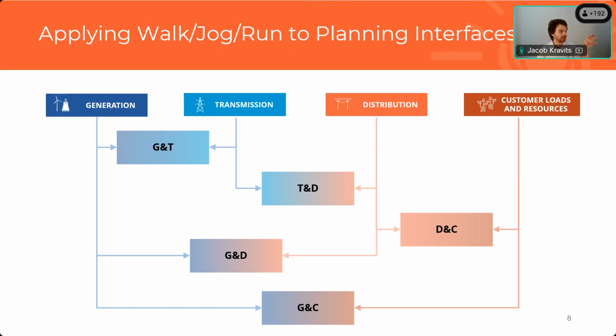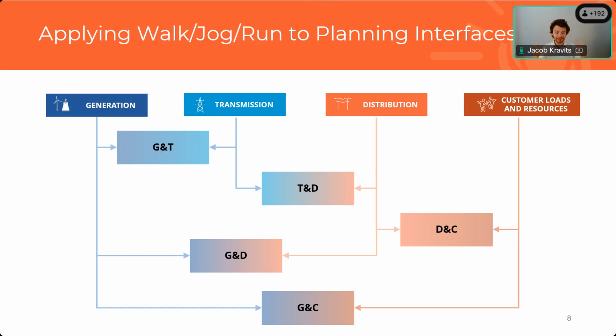So we included the 5 of the main planning interfaces among the 4 planning areas. Those 5 planning interfaces include generation and transmission planning, or G&T, T&D, D&C, G&D, G&C. And again, for each of these planning interfaces, we apply the walk, jog, run framework.